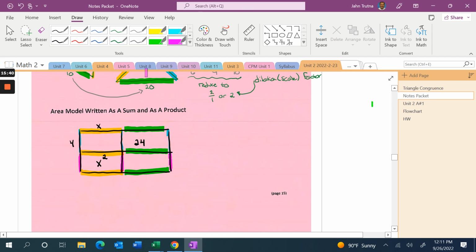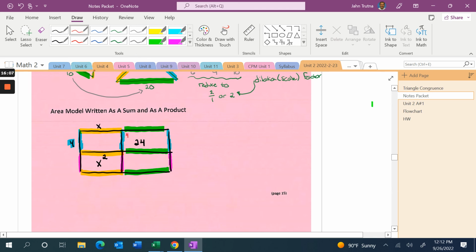Okay, so first of all, let's start with the 4. So let's jump over to the 24. Since 4 is blue, I know that to get the 24, I'm going to multiply however long the blue is with however long the green is, but the blue is already 4. What I'm saying is that 4 times what is equal to 24.